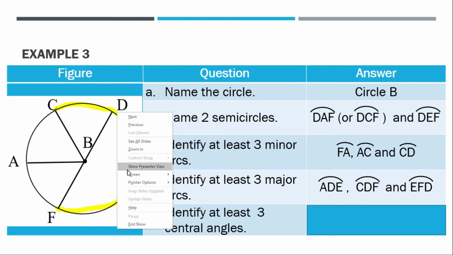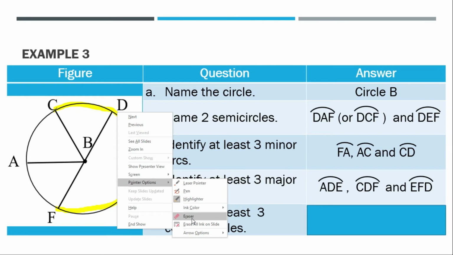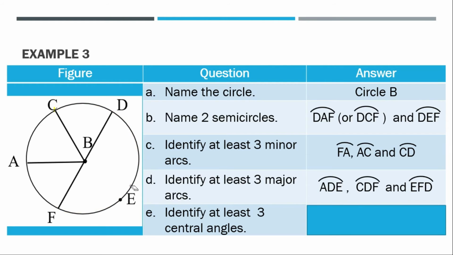Now, let's identify naman yung ating central angle. Laging tandaan na yung vertex ng ating central angle ay nasa gitna ng circle. So, dito, sa vertex or point B. So, let's identify at least 3 central angles.